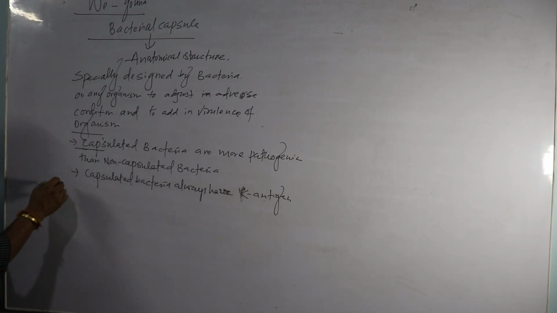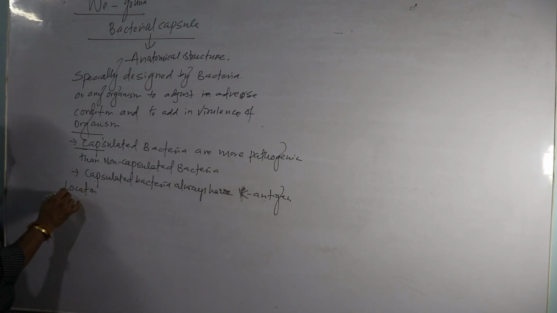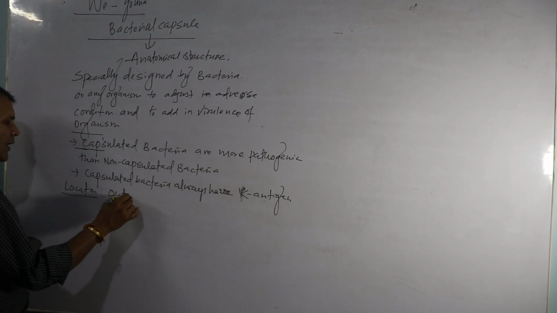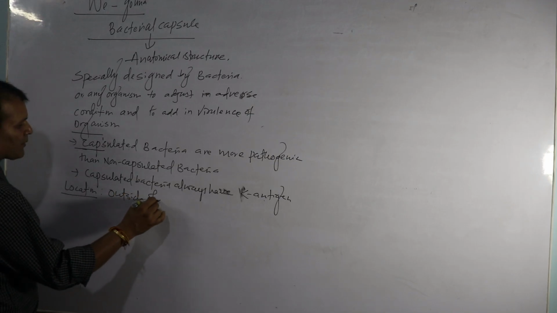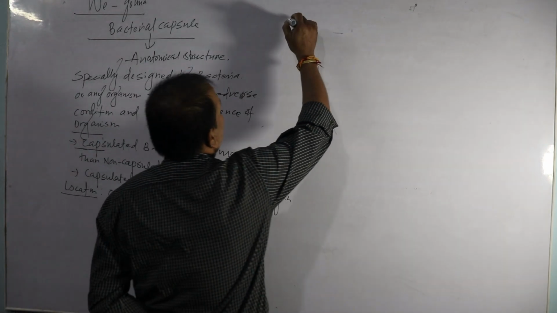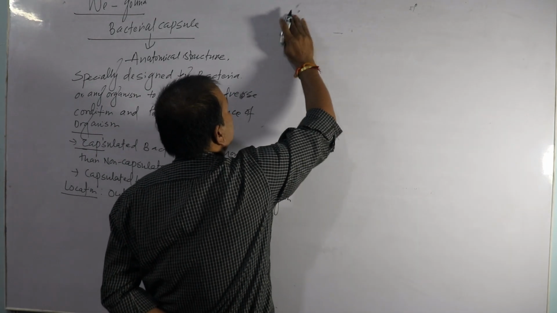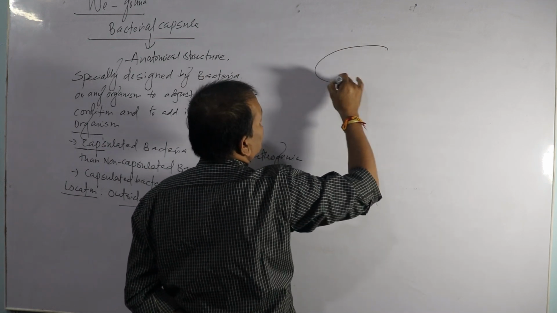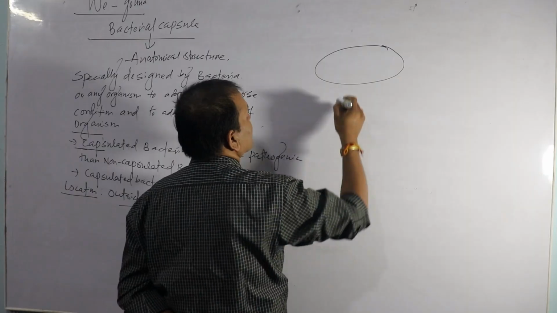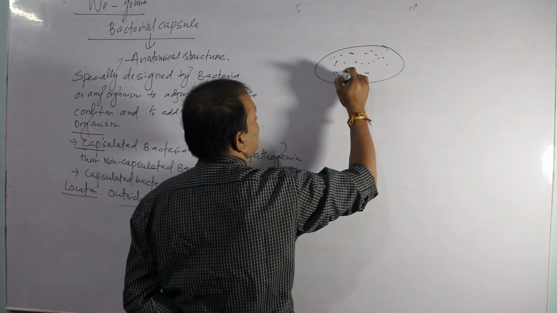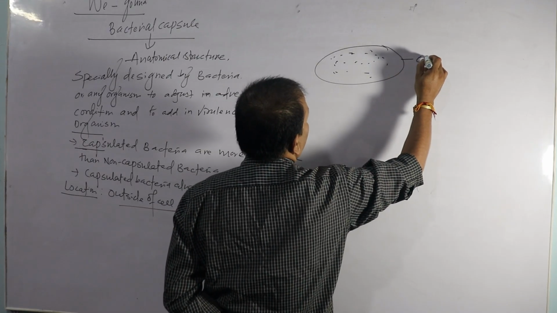So talking about the location where it lies in a cell, it always lies outside of the cell. When you draw the structure of bacteria, first of all, we can draw the cytoplasm with the cell membrane.